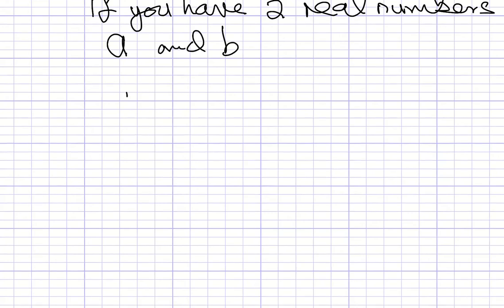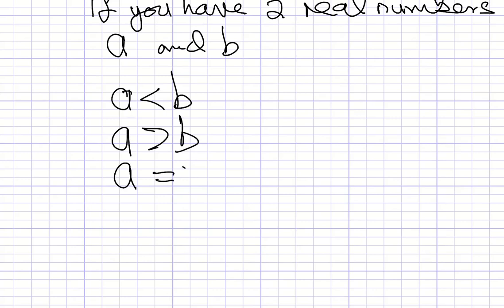Either A is less than B, or A is greater than B, or A is equal to B. One of them has to be true. Three of them cannot be true. One of them has to be true, so you need to keep that in mind.